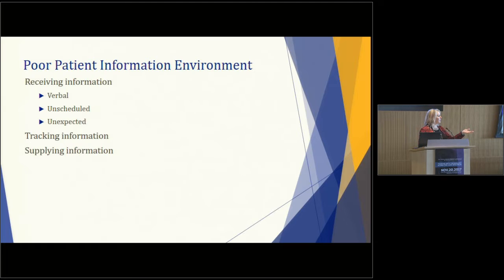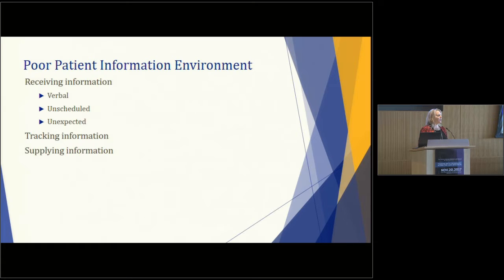These information interactions are unscheduled. Patients and their caregivers have no idea when somebody's going to come by, so that they can be prepared for that and make sure they have the support system there to help address that issue. And lots of unexpected information comes up that they don't know how to deal with.